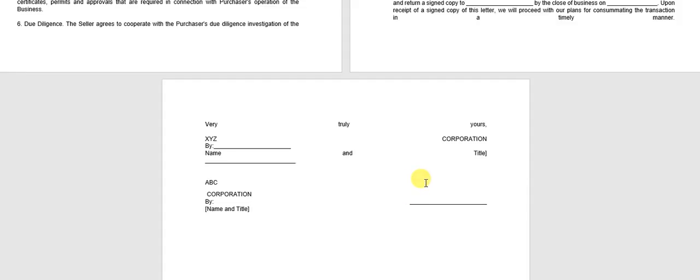There's a line underneath ABC there for the representative to sign. Move that back over, but I would set up tables on each side so that they are in their own format, and that they don't get messed up whenever you enter an extra space there.